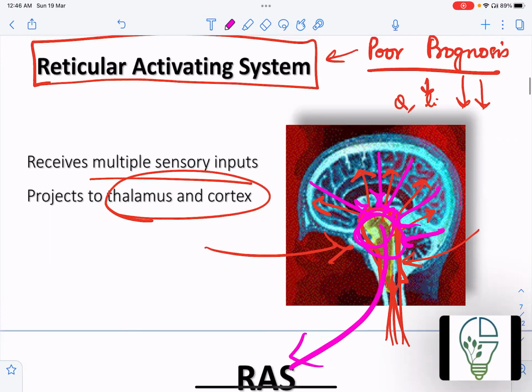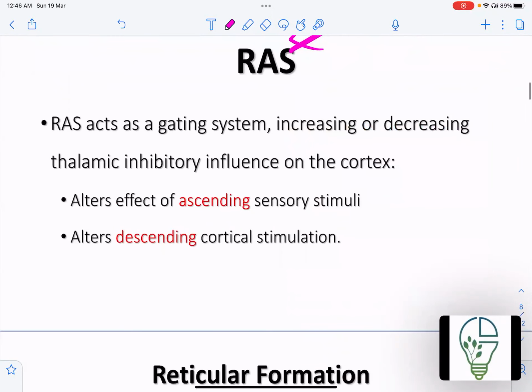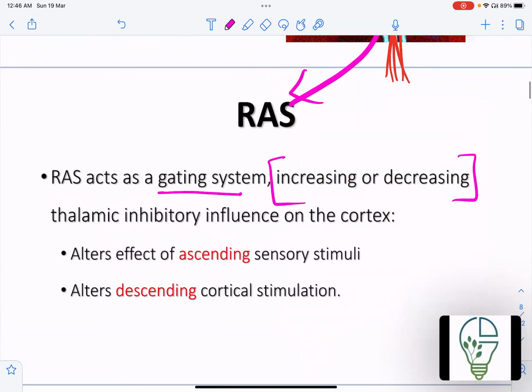Okay, so this is why the reticular activating system is extremely important and crucial. It's kind of like a gate. So it is a gating system. It can either increase or decrease the stimulus. Something I find very fascinating is that when someone is constantly exposed to a certain type of stimuli, they eventually become numb to it.